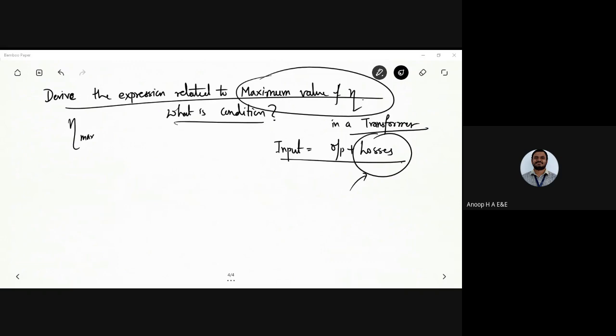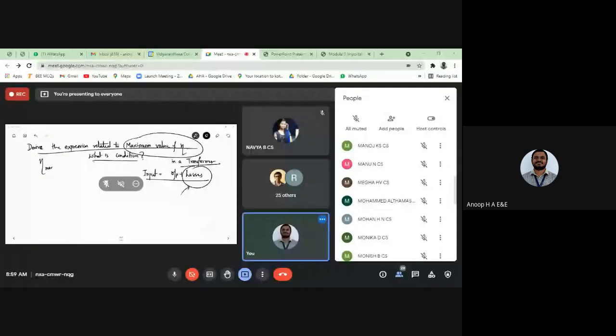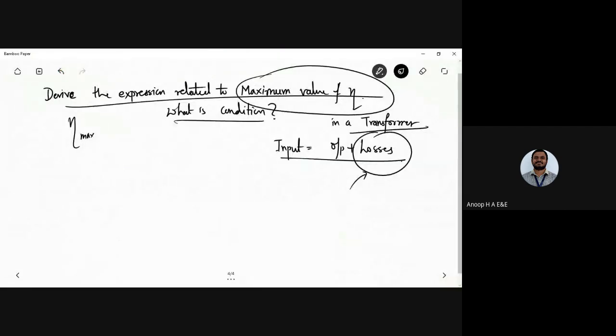Next we'll be highlighting the concept of the copper losses. How will you find out the copper losses? So you have losses including both the iron losses and copper losses, right?